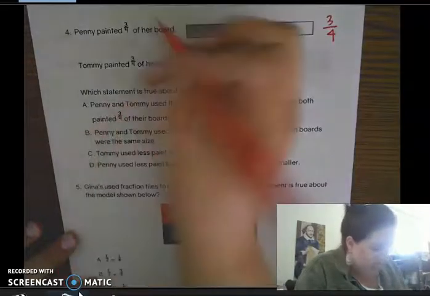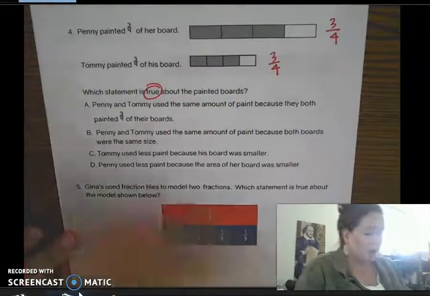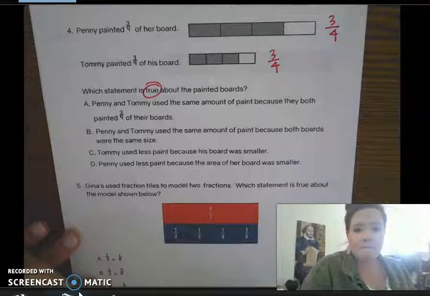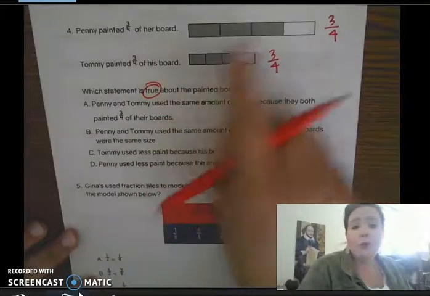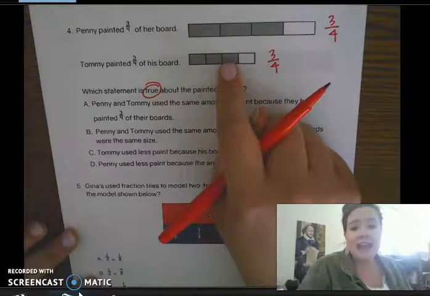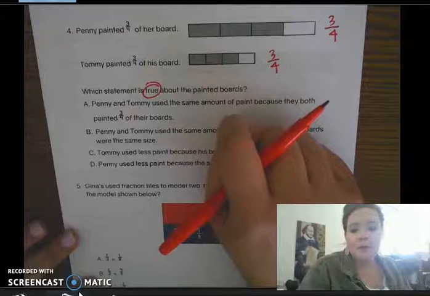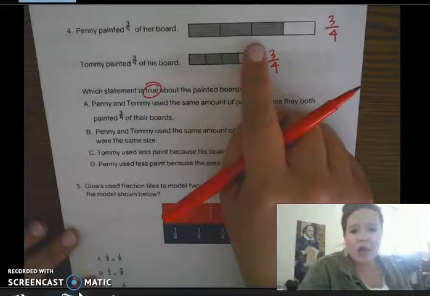Which statement is true about the painted boards? Okay, well, what do we notice about these two boards? Good. They both have 4 sections, okay? Both of the boards have 4 sections. And how many sections of both boards are being painted? Awesome. Both boards have 3 sections painted.